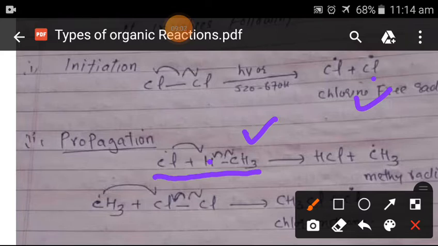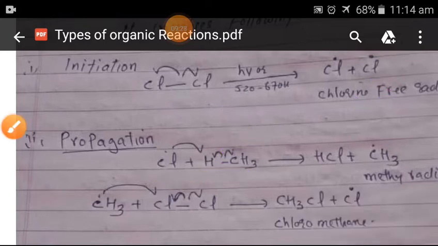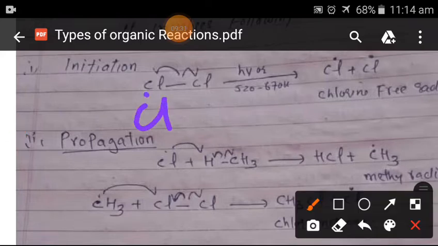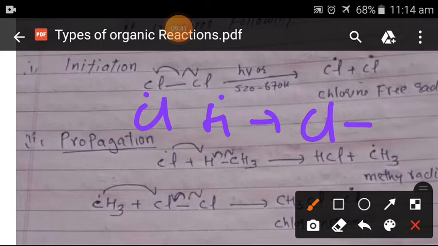Due to this, the bond between hydrogen and the methyl group gets broken by homolysis, meaning carbon and hydrogen get one electron each. The chlorine radical and this hydrogen radical form a bond between chlorine and hydrogen. As a result, HCl is formed.